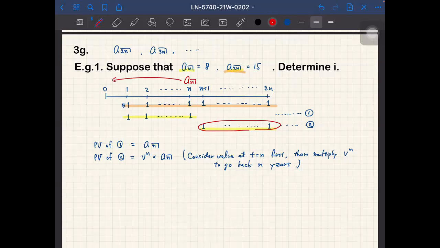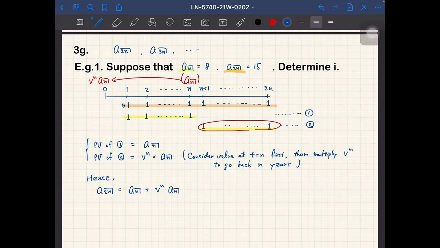We go back n years to 0, so the present value is v to the nth power a angle n. So a angle 2n is equal to a angle n plus v to the nth power a angle n.